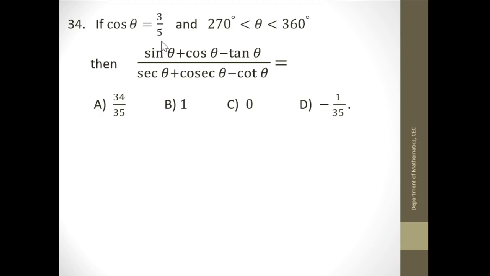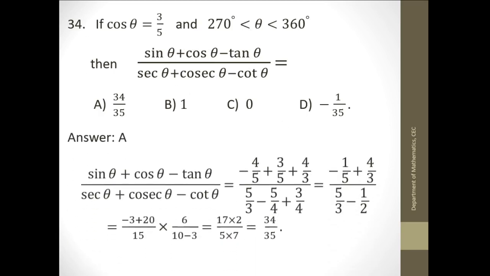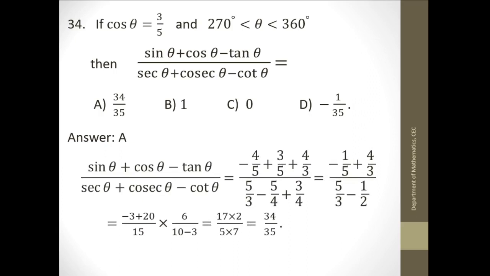So sin is 4 by 5, cos 3 by 5, but sin is 4 by 5 with minus sign because fourth quadrant. Tan is 4 by 3, opposite is 4, adjacent is 3, like that.